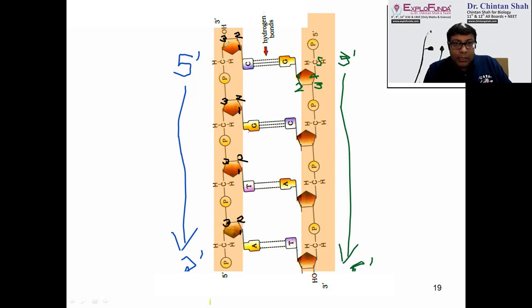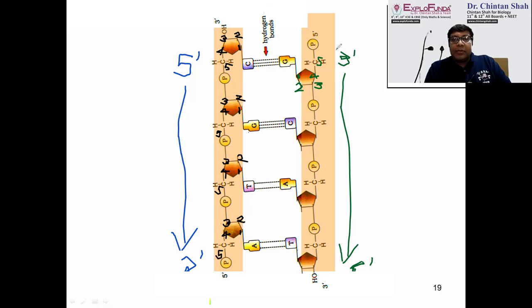Then afterward, this corner is 4th, and this is 5th. Again, this is 4th, and this is 5th. Again this is 4th, this is 5th. This is 4th, and this is 5th. Do you agree, beta?